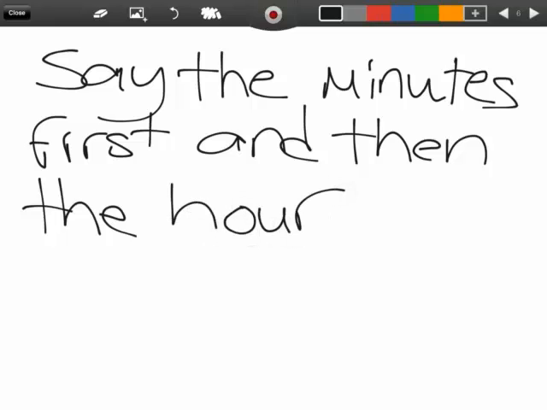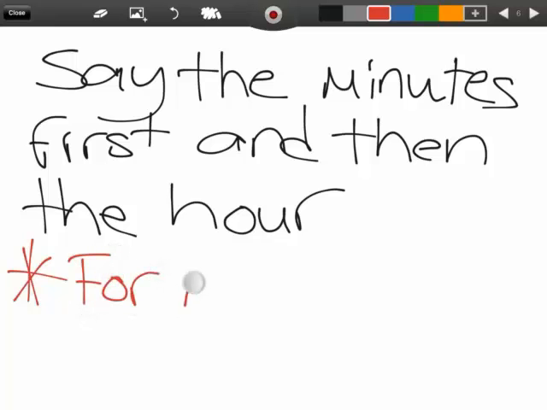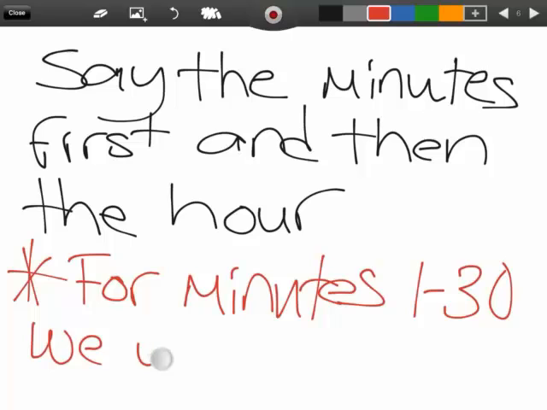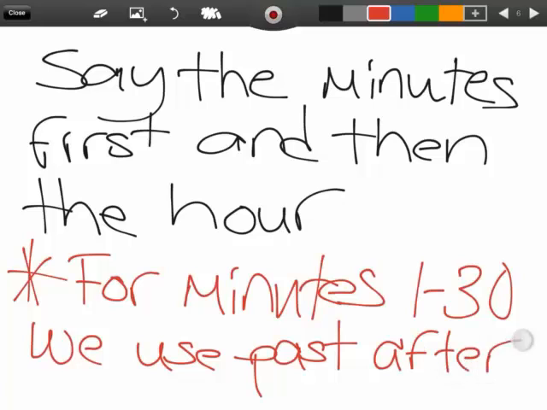So if I wanted to use minutes between 1 and 30, I would use "past" after the minutes. Let me write that down for you. I'm going to put a star here. For minutes between 1 and 30, we use past after minutes.